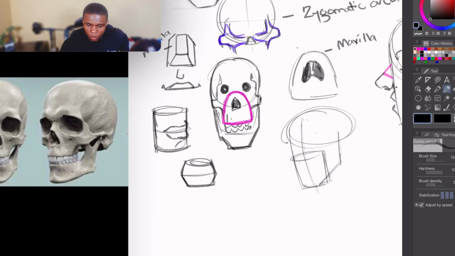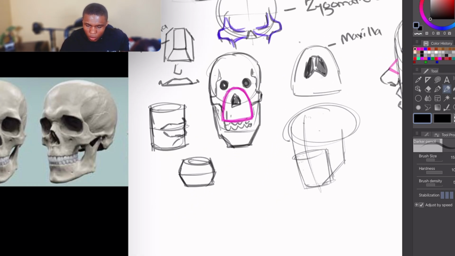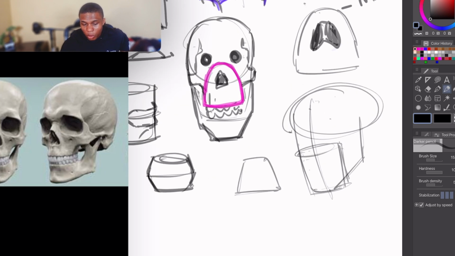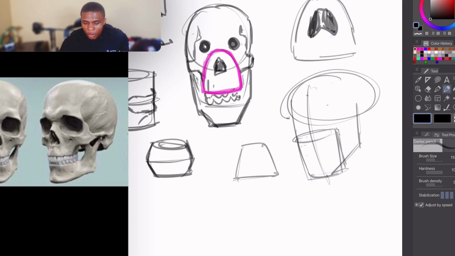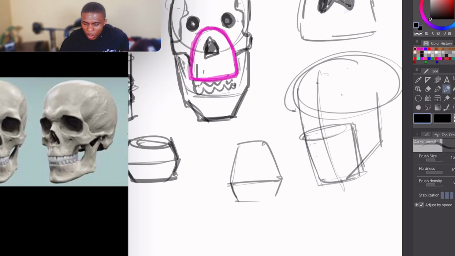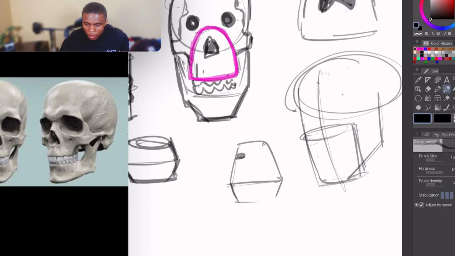But when you start facing different angles of the skull, like an up view, a worm's eye, top and bottom view of the head, you're going to see that it is not necessarily easy to approach the skull in that angle.